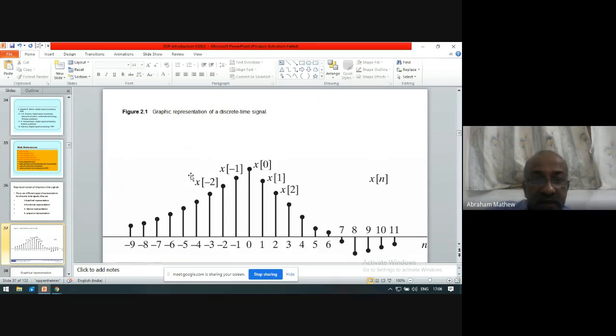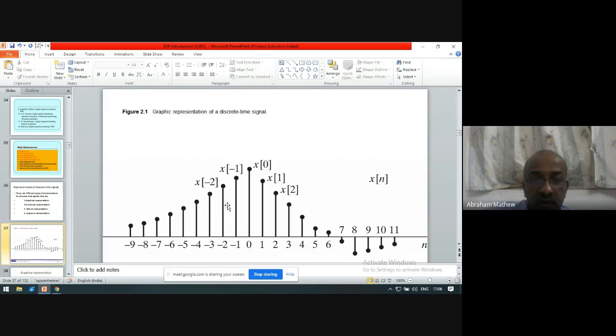This is a graphical representation of a discrete time signal. We are interested in discrete. So a discrete signal is represented by x of n. Here you can see at the origin it is represented as x of 0.